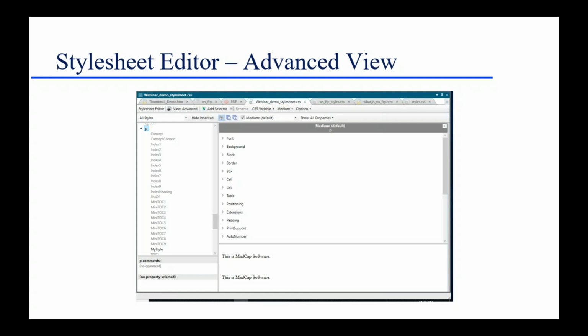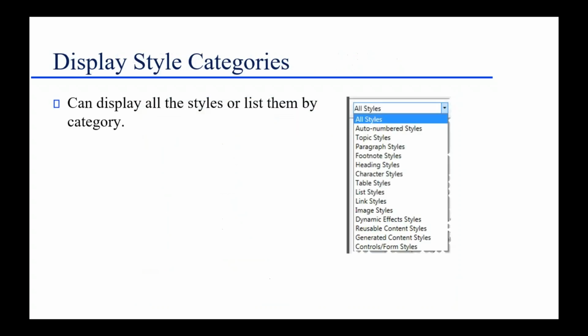So this is, again, the advanced view, and let's take a look at some things here, starting with style categories, and that's over on the left. You can tell Flare to display all the styles or list them by category. And here I've said display all the styles. What I could have said was, for example, only list paragraph styles, or only list dynamic effects styles.